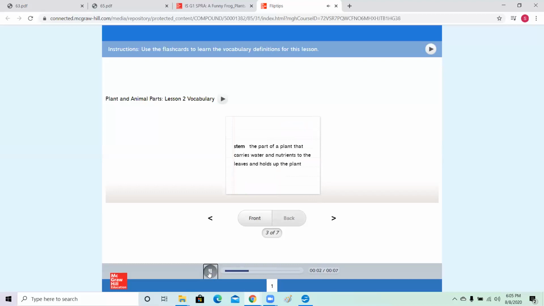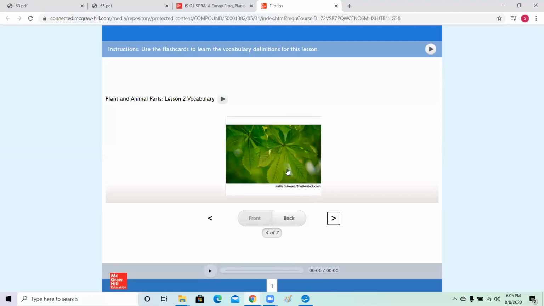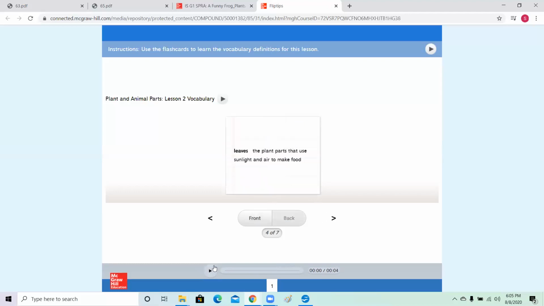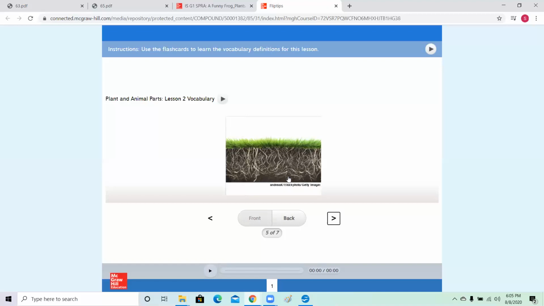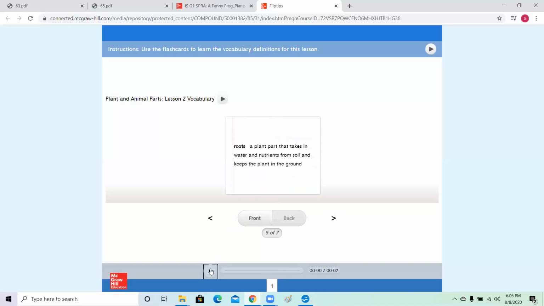The part of a plant that carries water and nutrients to the leaves and holds up the plant. Leaves. The plant parts that use sunlight and air to make food. Roots. A plant part that takes in water and nutrients from soil and keeps the plant in the ground.